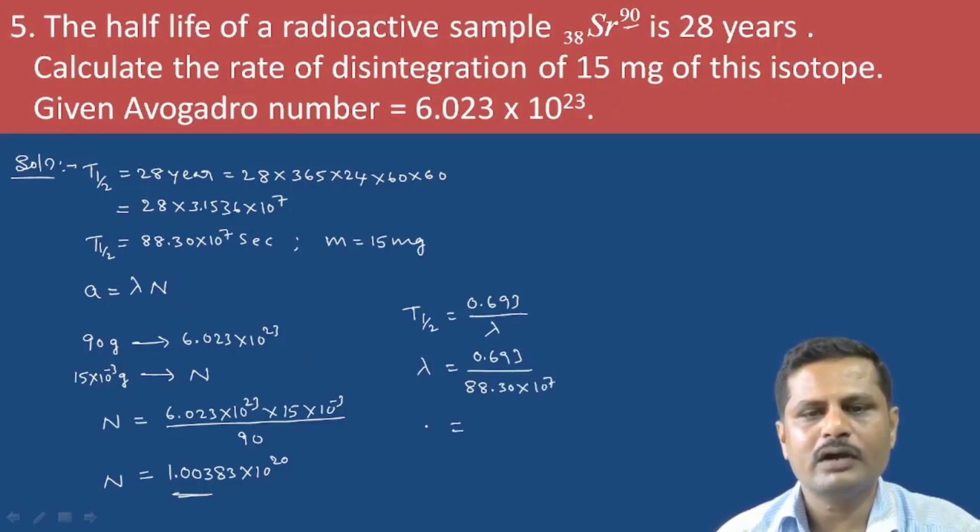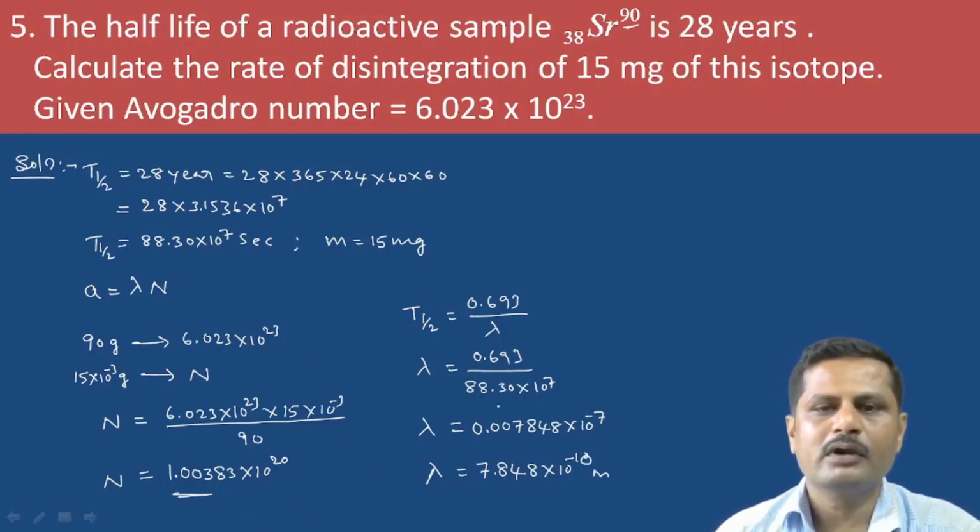On calculating, we get lambda equals 0.007848 into 10 raised to minus 7. This can be written as lambda equals 7.848 into 10 raised to minus 10 per second. This is lambda, the decay constant.